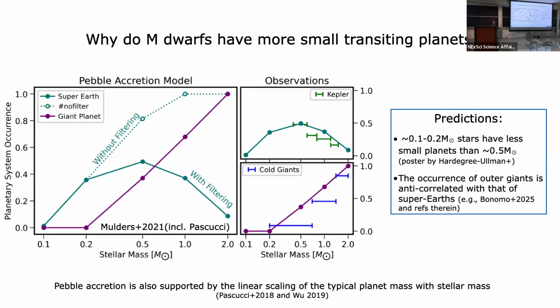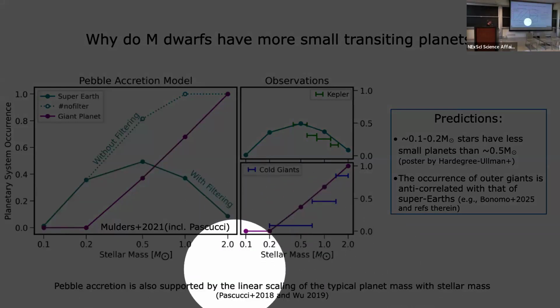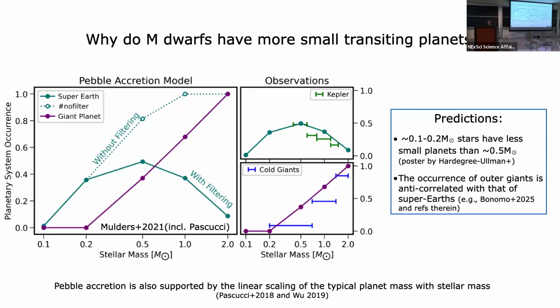What I cited there is just one of the most recent, so you can also find more references inside. There are other observations using demographics as a function of stellar mass, showing that pebble accretion might work. I don't have time to discuss them, but they are cited here, and the main point is regarding the scaling of the typical mass of the planet as a function of stellar mass.